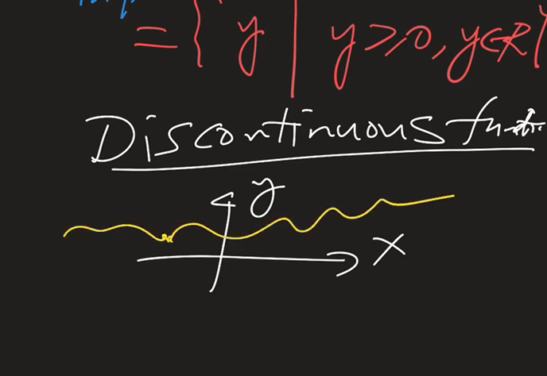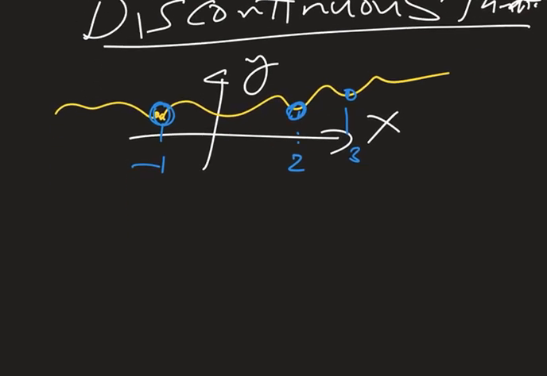Yeah, your x can be anything, but once you stop, for example, right now I stop at this, it is -1, there's nothing here, 2 nothing here, 3 nothing here. It's called a discontinuous function.